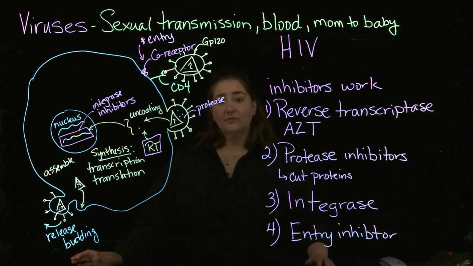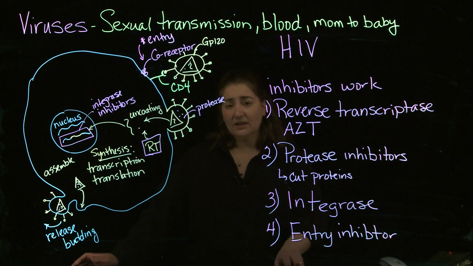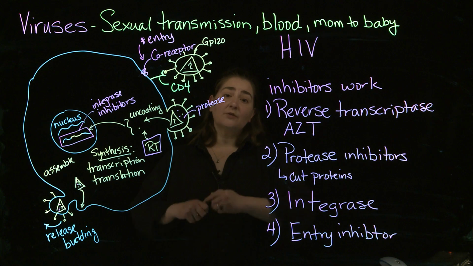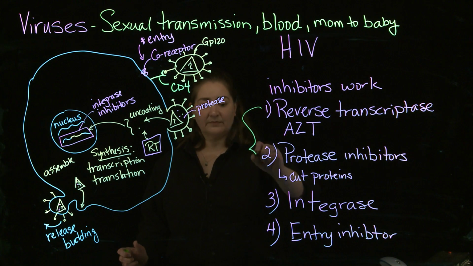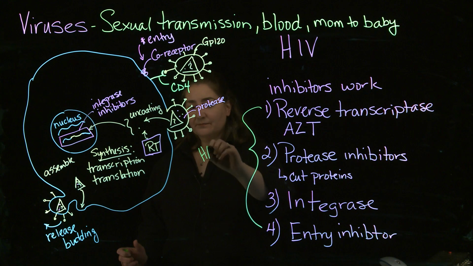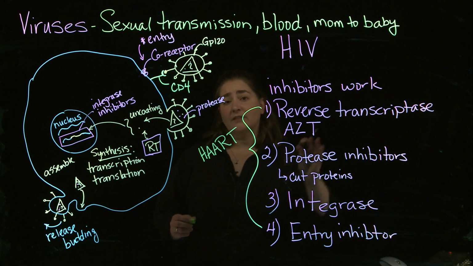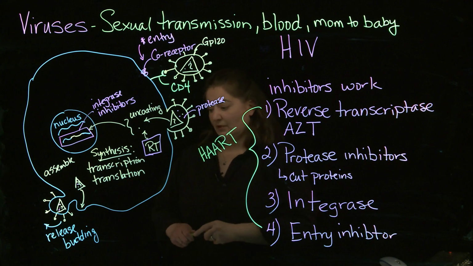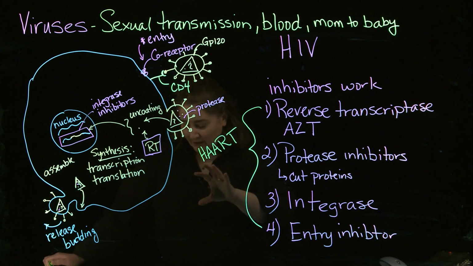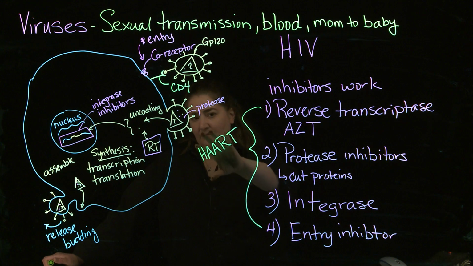But there are a number of different ways to interfere with the HIV virus. And typically what they've found now is that combining a lot of these treatments are even more effective than any one individual, okay? And that's where the highly active antiviral replication therapy comes into play.